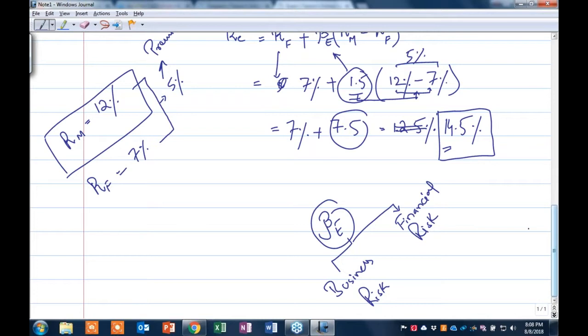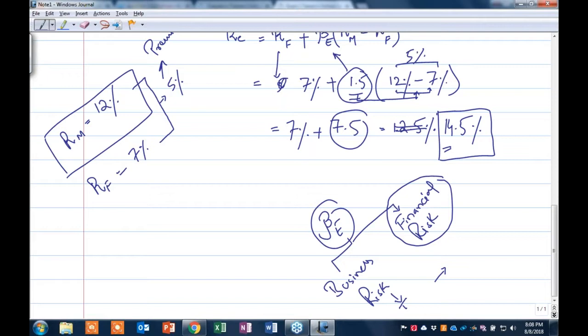So if we are going into a particular business and we have a proxy company which is doing the same business at the same level, both of us will have the same business risk, because we'll be doing the same business as the proxy company. So the business risk for both companies will be the same, but not necessarily that the financial risk will be the same.